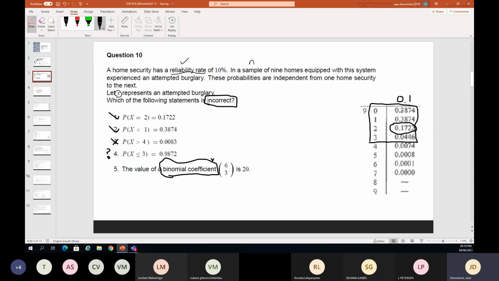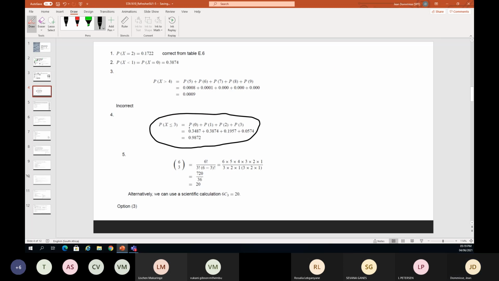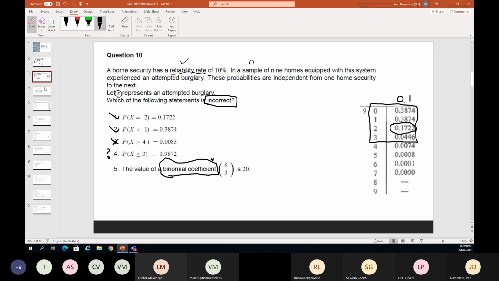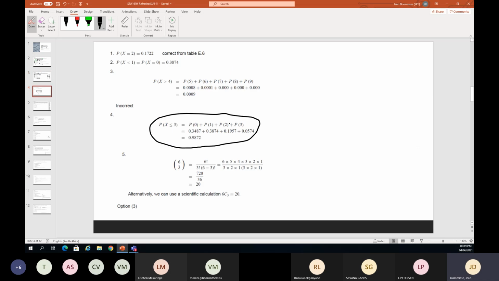I see, so they used totally the wrong values for that.